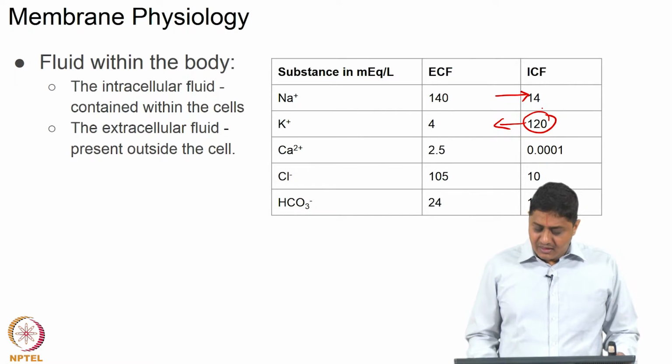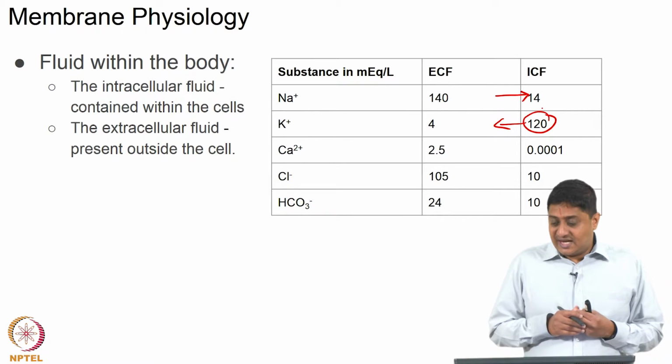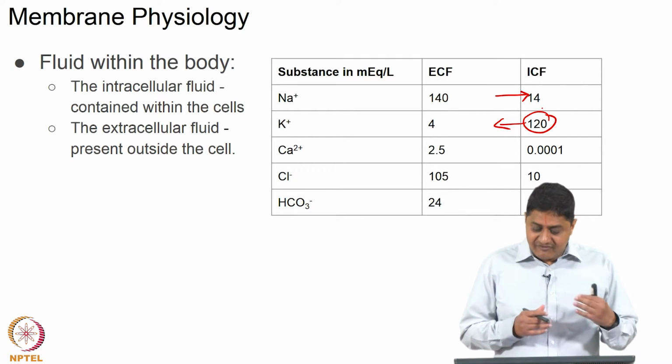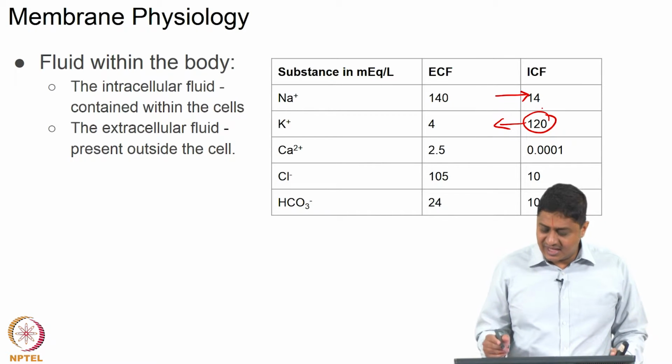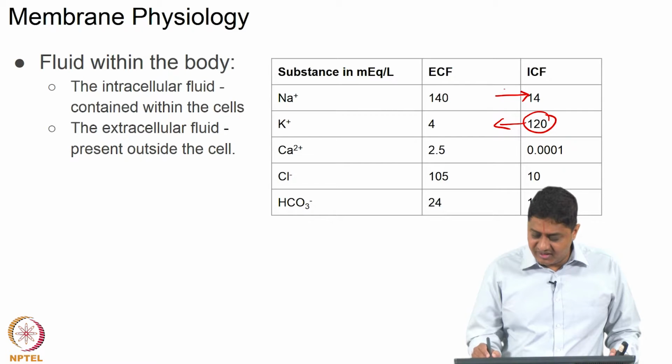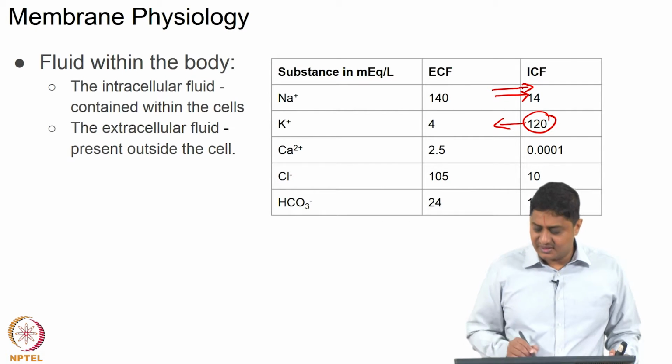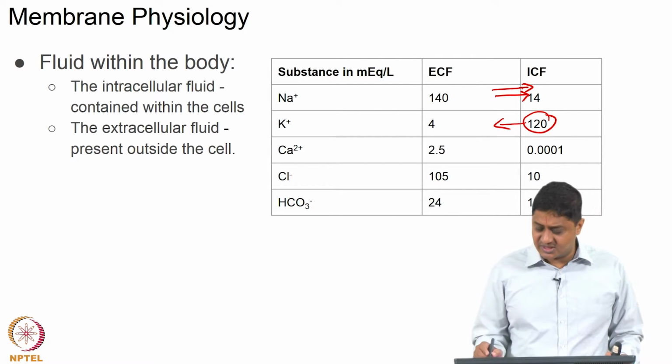So, if the channel is available for transport and if it is open, then what you would expect is the natural movement of sodium would be from outside the cell to inside the cell in that direction, and the natural movement of potassium would be from inside the cell to outside the cell.